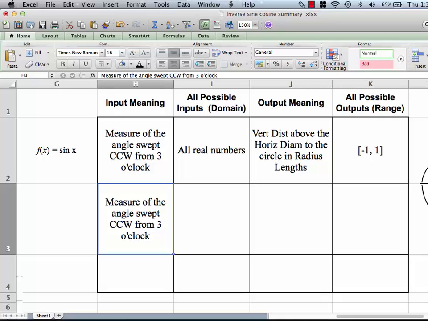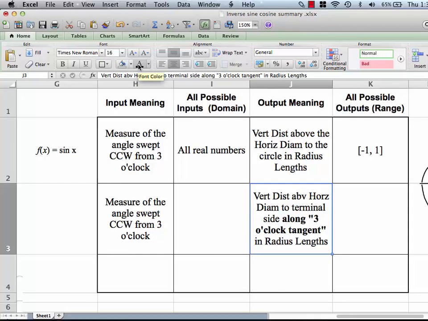So now we're going to measure vertical distance above the horizontal diameter along that blue line, this what we call the 3 o'clock tangent. Up to what? So if sine is up to the circle, then what are we measuring up to here? So it's not the circle anymore, but the intersection of the terminal side with that 3 o'clock tangent, okay? So here's how we're going to define this.